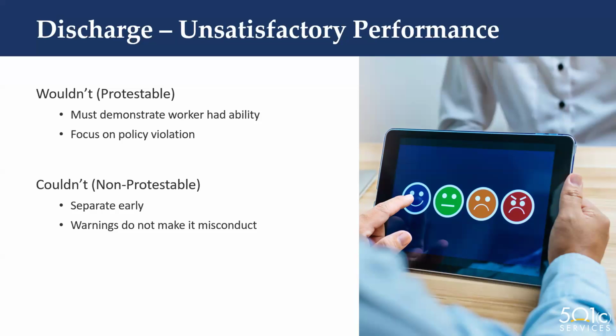Now, on the flip side, if the employee was texting while driving and that's what caused the accident, or maybe they had someone in the car with them and they weren't supposed to and they were distracted. Maybe they were under some kind of influence. Maybe they took some cough syrup, some NyQuil, and they were really drowsy and they fell asleep at the wheel. Those would be examples of a policy violation that you could focus on that caused the accident, versus focusing on their lack of driving skills.